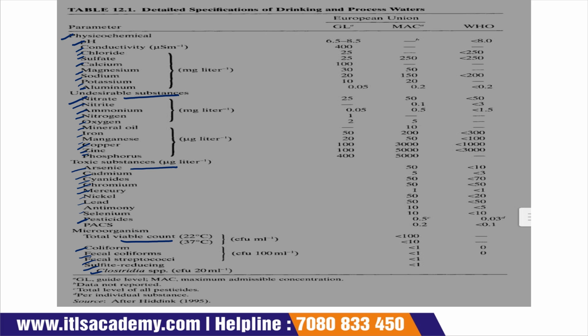Here, according to the European Union and the WHO, MAC and GL give the limit values for drinking and process water.